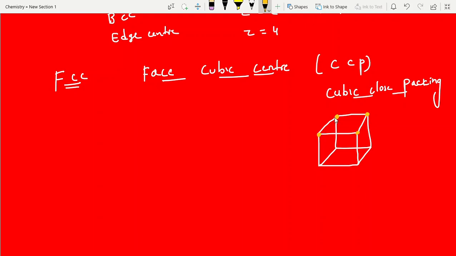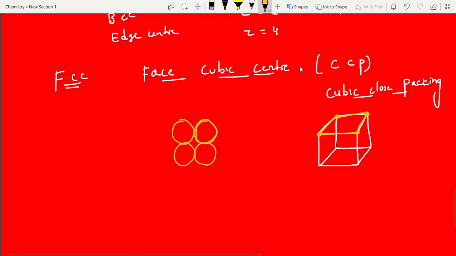And for this space, you can consider even a simple unit cell also. These four particles we have taken like this. 1, 2 touches each other, and this 3, and this is 4, right? So simple unit cell we have drawn like this. Only four particles we have taken. Why? Because it is primitive, only at corners.